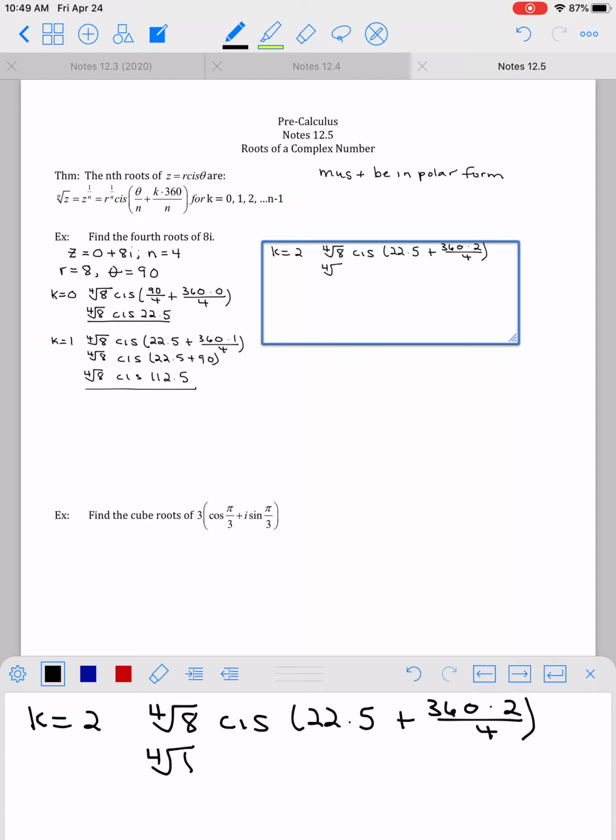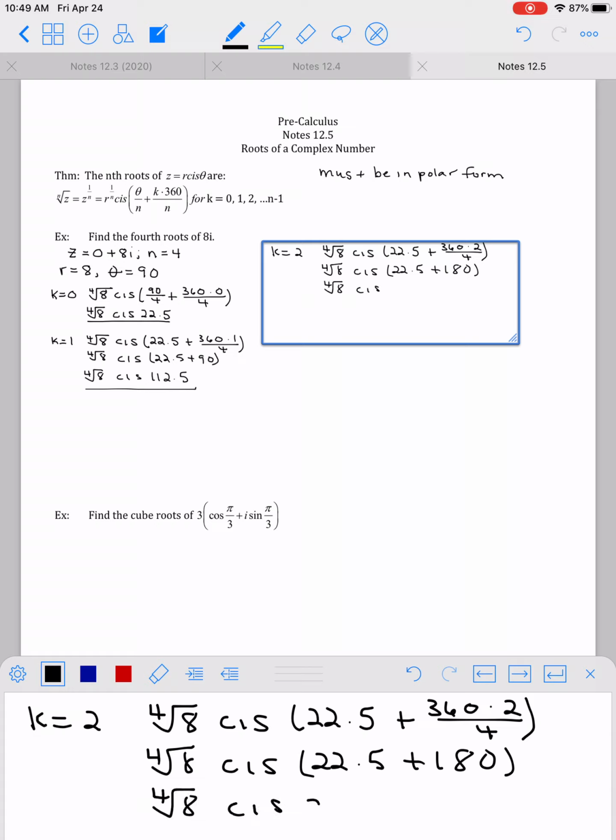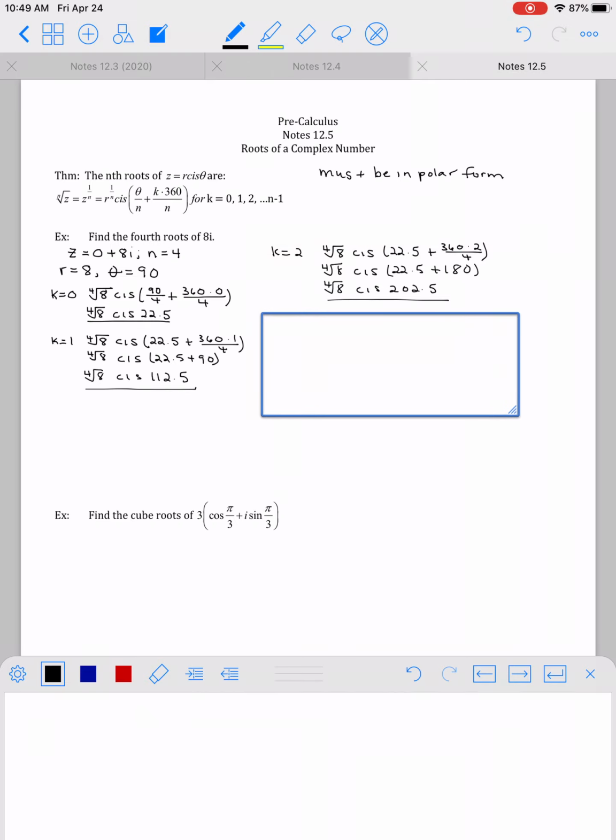So fourth root of 8, cis, 22.5 plus 180. And if you need to show the step, fine. If you don't, it's okay. Fourth root of 8, cis, 202.5. That's the third one.